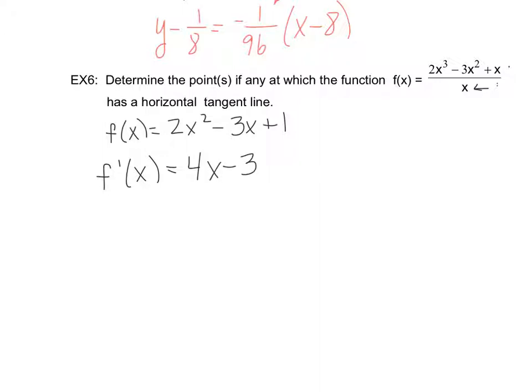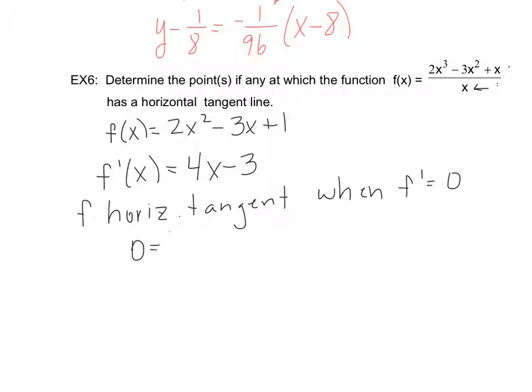And you told me that f has a horizontal tangent when f prime is equal to 0. So I'm going to set f prime equal to 0, and I'm going to get a value of 3/4. Now you have to read, because sometimes in these problems it says determine at which x value f has a horizontal tangent.